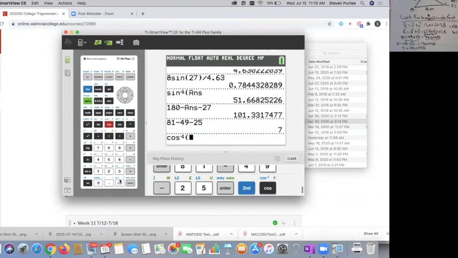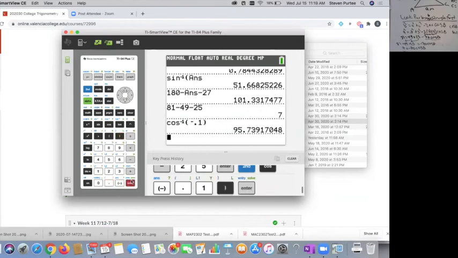Remember your negative button is here. That's your minus button. 0.1. 95.74 degrees. Anything I found myself, I like the box.